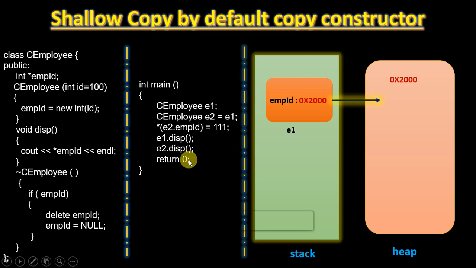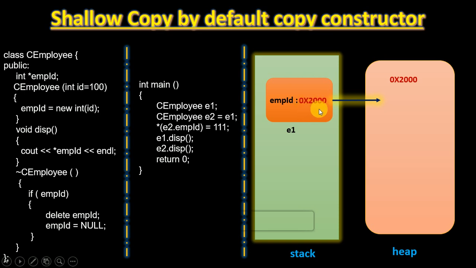Now if you observe here, E1 is an object, and still EMP ID is having this 0x2000. It is pointing to a memory location which is freed already. So this is nothing but a dangling pointer. E1's employee ID is a dangling pointer now. Because of this, next the destructor will be called for the E1 object also. Whenever the destructor is called, it will check if EMP ID is having a value.